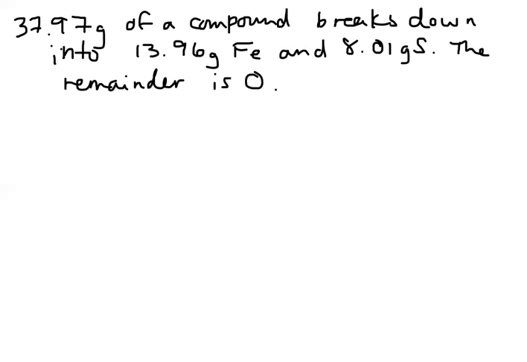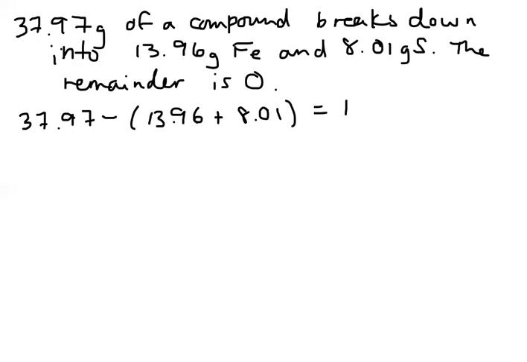So if it breaks down, the products are going to weigh the same as what you started with. So 37.97 minus 13.96 plus 8.01 gives you 16.00 grams of oxygen.